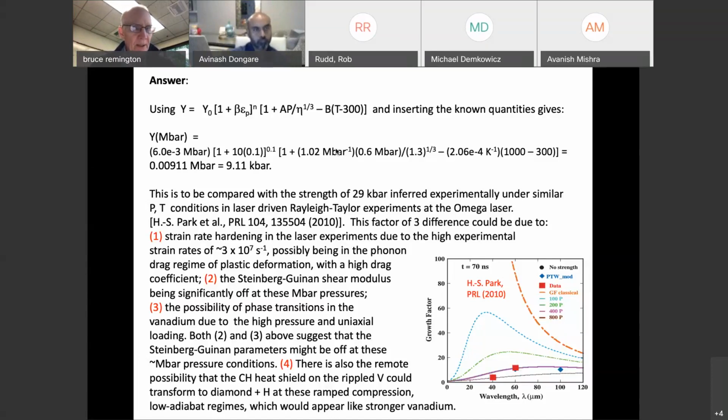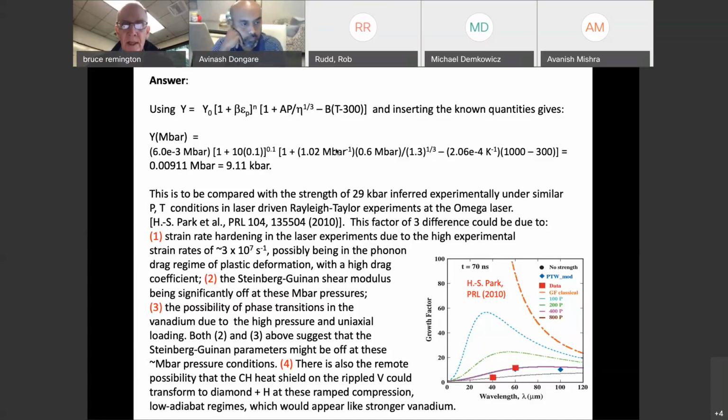And a fourth possibility, this one might be more remote, but it's something that does come up, and we've talked about it in our research group. There's the remote possibility that the CH heat shield, remember the physics package that's being accelerated and is Rayleigh-Taylor unstable, is a plastic ablator glued onto a rippled piece of vanadium.